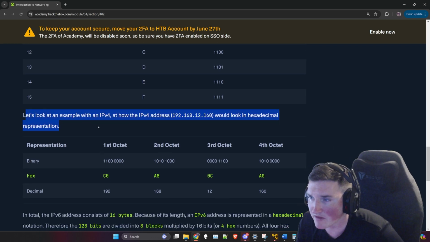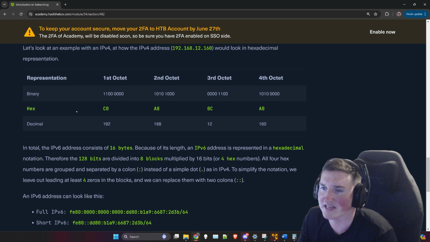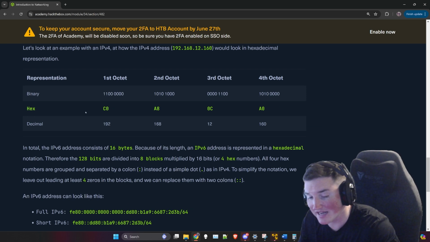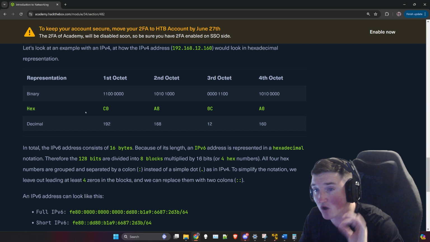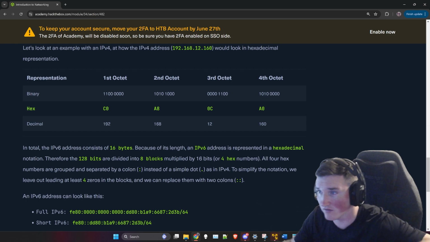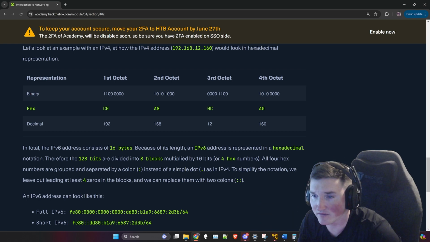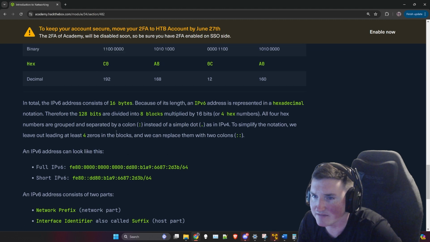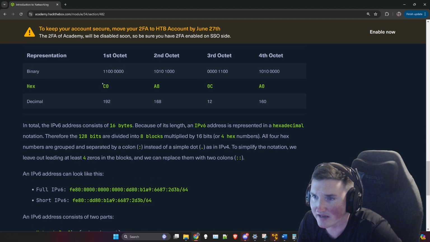Now, let's look at an example with an IPv4. We look at hexadecimal. So what they're saying is IPv6 is written in hexadecimal because it's so long that if you wrote it in binary, it'll be 128 bits, right? They want to make it easy for you. So what they did is they said, okay, we're going to take this first octet in binary and make it hexadecimal.